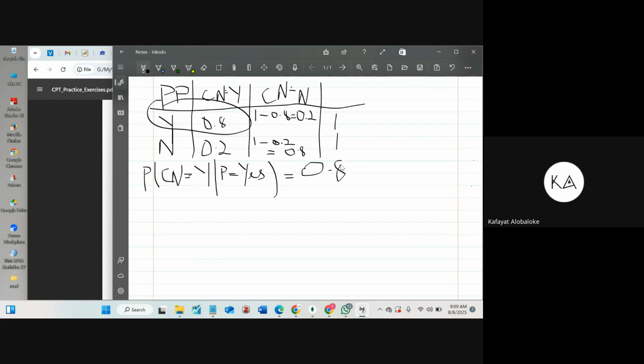That's 0.8, right? Please, if you do not get what I'm trying to do, feel free to interrupt at any point in time. Just unmute and ask questions.